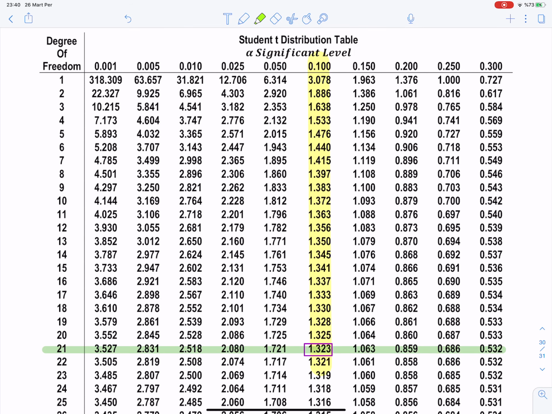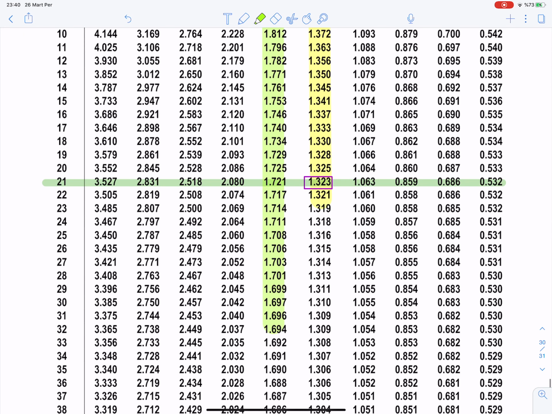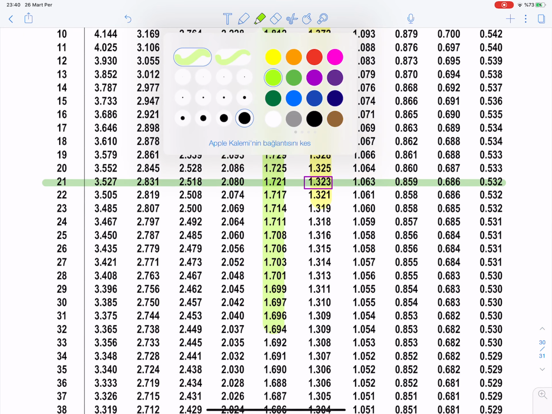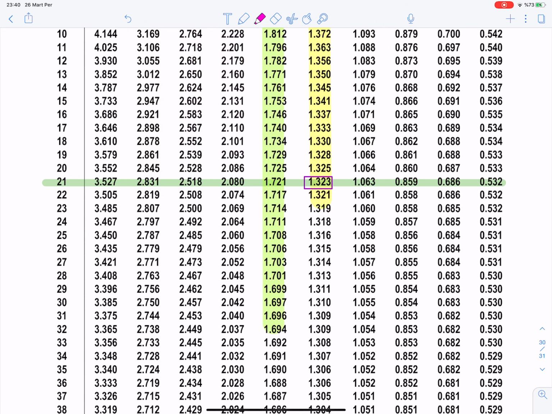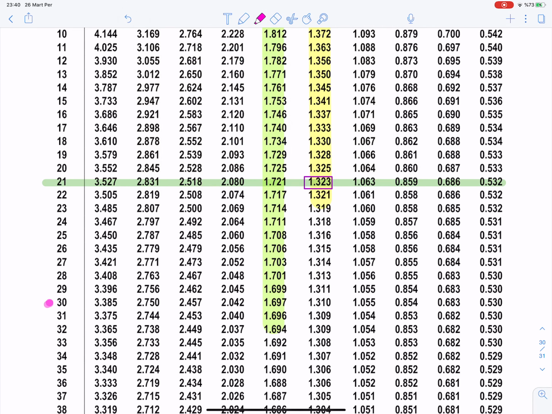Okay, I'm dealing with this column. And the degree of freedom, since it is 30, I'm gonna highlight this with a different color. Let's get pink this time, and find this one.